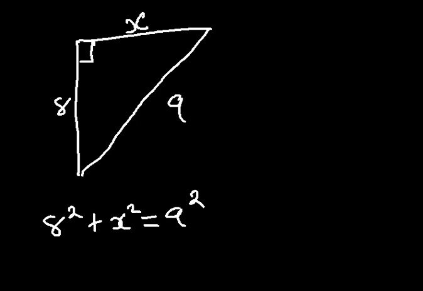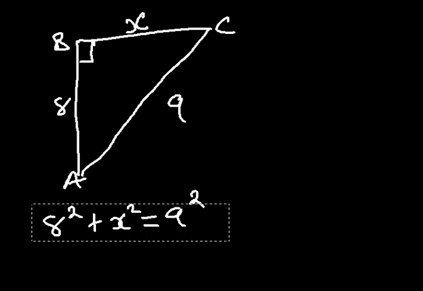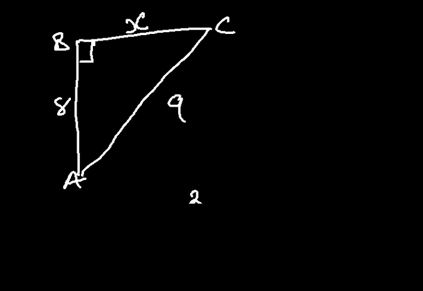Now it is unfortunate that the triangle has not been labeled, but if you wish you can label it. Let's say this is a triangle A, B, C, where the Pythagoras theorem can be applied in the sense that we can have AB square plus BC square, which is the same as AC square.